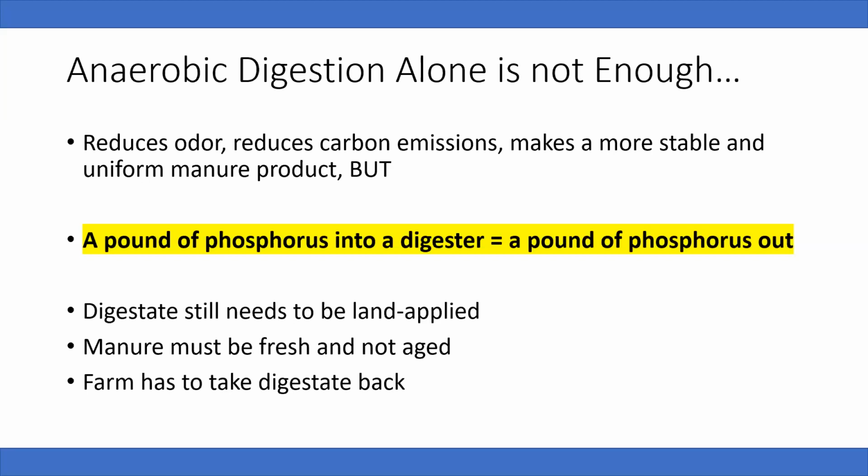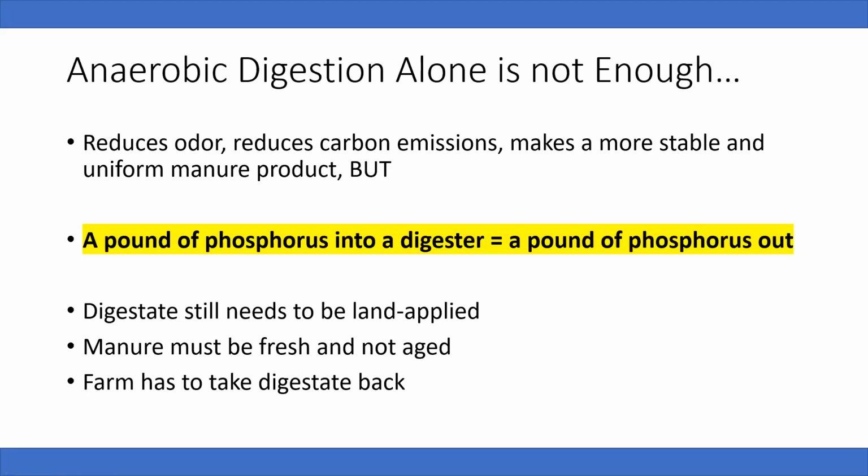But initially, I want to say 6 years ago, the model was, if we had a centralized facility that was servicing several farms, if you brought a truckload of manure in, you would have to take a load of digestate back. That doesn't really work with what we're trying to do here in Mercer County, which is move phosphorus out of the watershed.